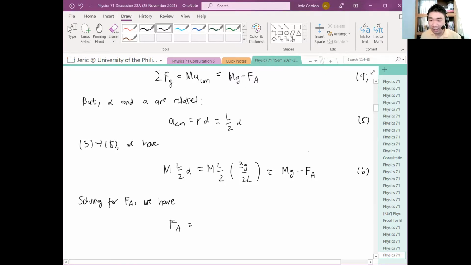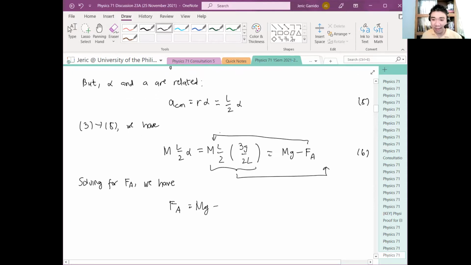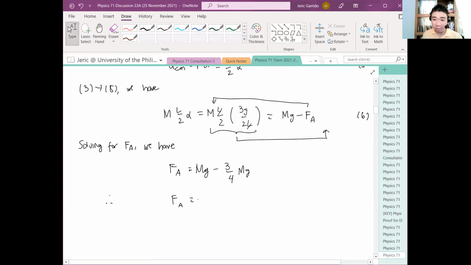Ililipat ko to sa kabila. Tapos itong expression na to ililipat ko sa kabila. So, you have mg minus, the L's will cancel here. 2 times 2 is 4, so I have a 3/4 mg. And therefore, the force exerted by the pivot on the rod is 1/4 of the weight of the rod. So this is equation 7.